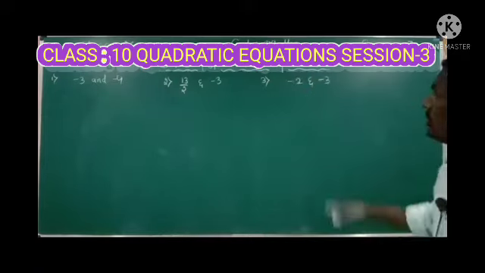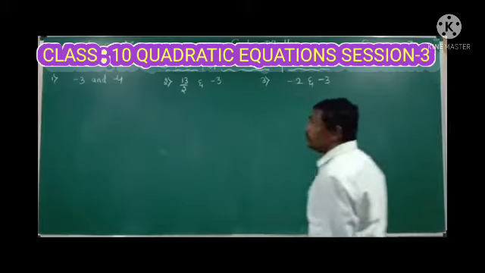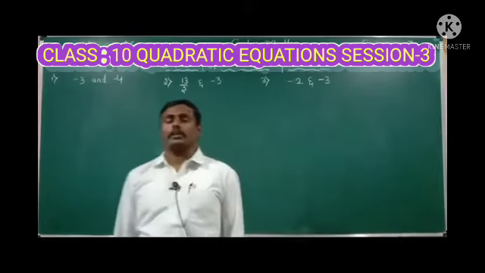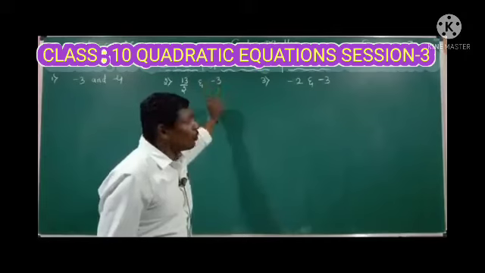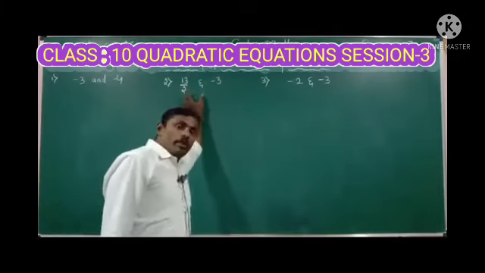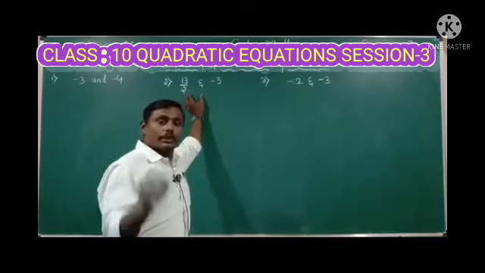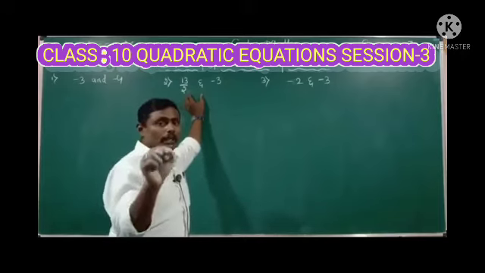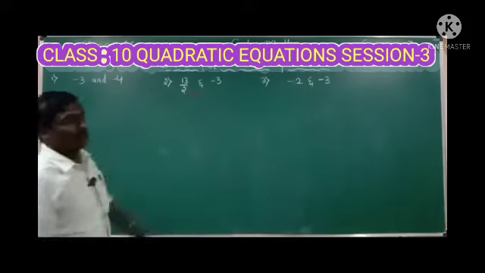Okay, so these are some solutions of the quadratic equation. Here they gave direct roots or solutions of the quadratic equation. With the help of these roots you need to form the quadratic equation, right?